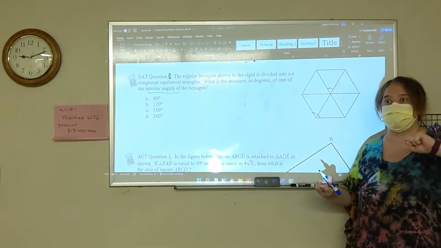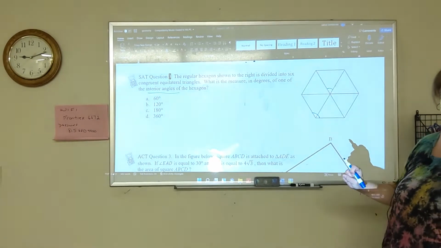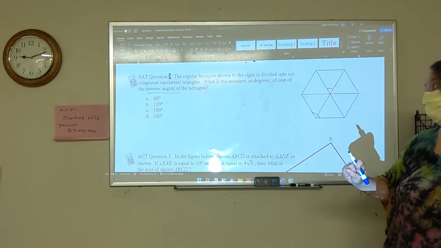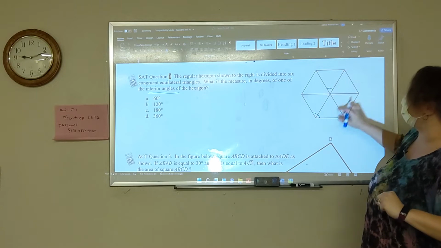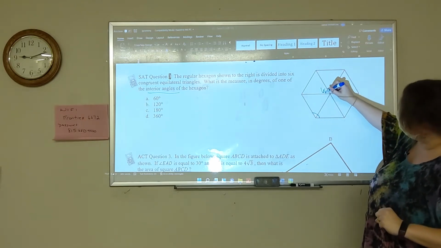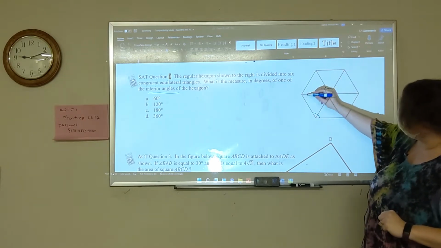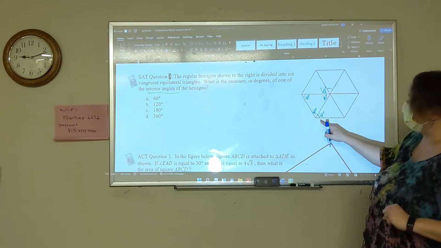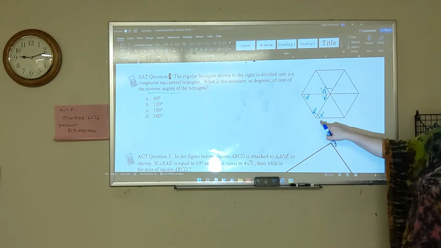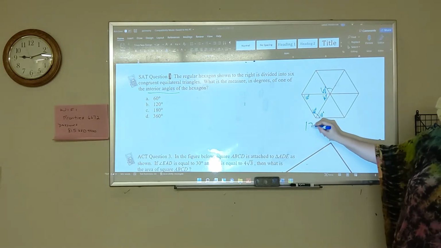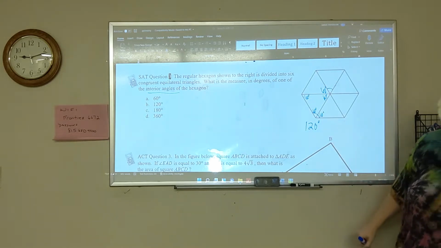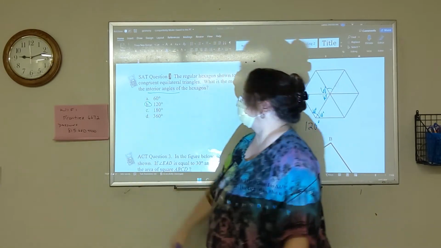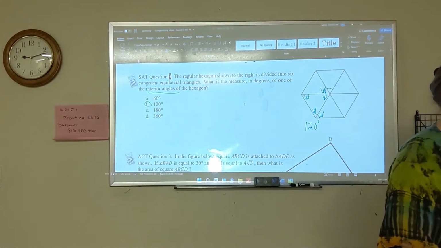And if they're all equal and there's 180 degrees in a triangle, how much is each angle worth? 60 degrees. Every single angle in each one of these triangles is worth 60 degrees. So that's 60 degrees, this is 60, this is 60, that's 60, and this is 60, which makes the corner of that hexagon 60 plus 60, or 120. Okay. So it's 120 degrees.